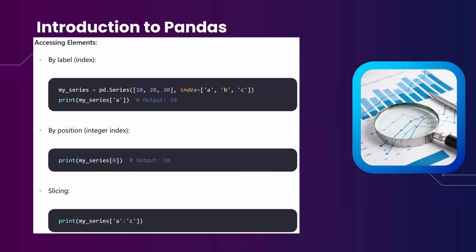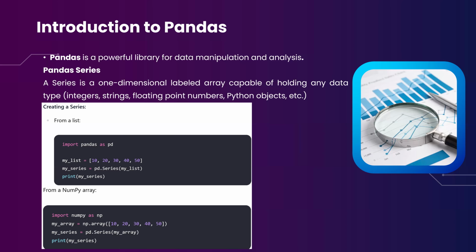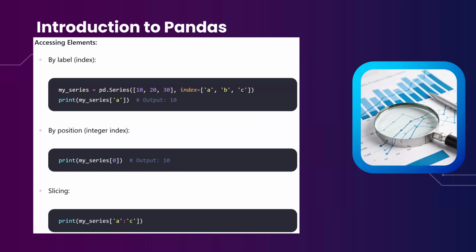So the syntax is import pandas as pd. Then for NumPy, as we said yesterday, it is import numpy as np. So that is it. And then how do we do indexing using pandas?